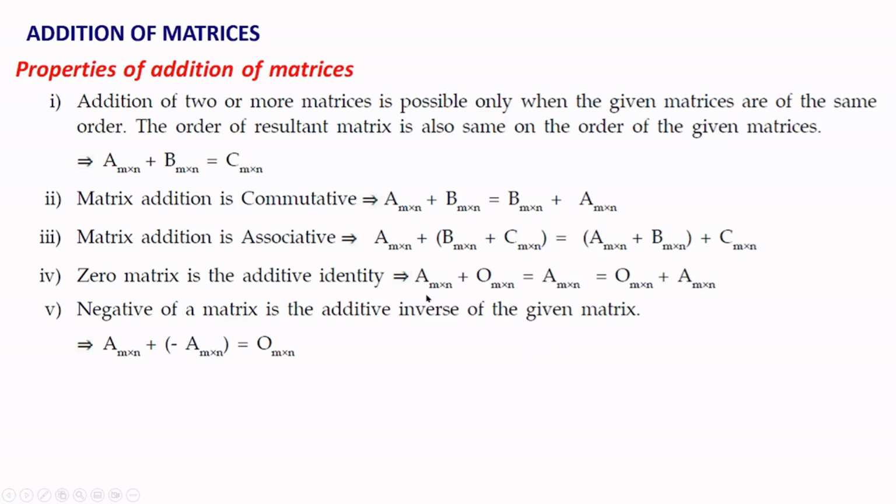If we have a matrix A of order m by n, then the additive inverse of A is negative A, the matrix negative of A of order m by n. So when we add the given matrix and its additive inverse, we will obtain the zero matrix. So that is the meaning of this.